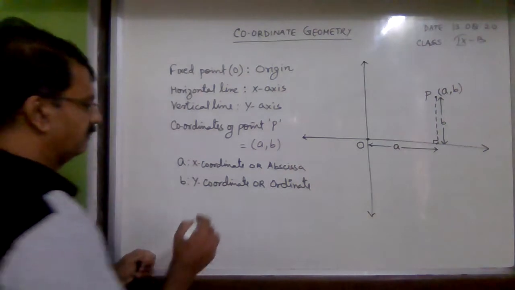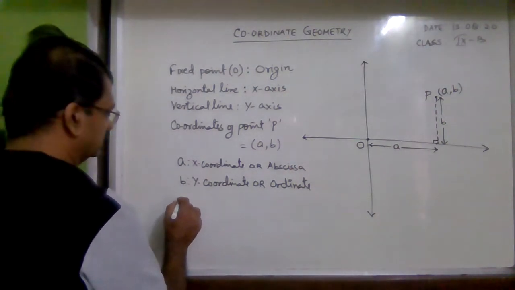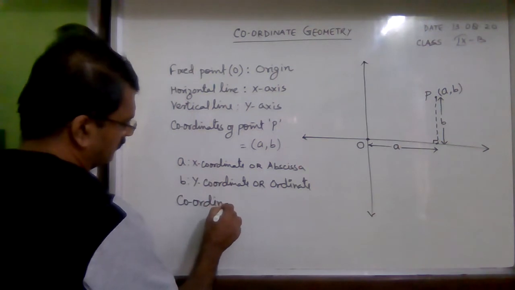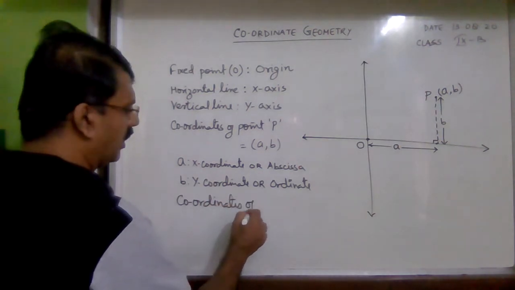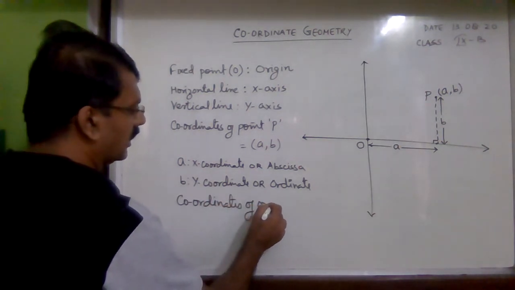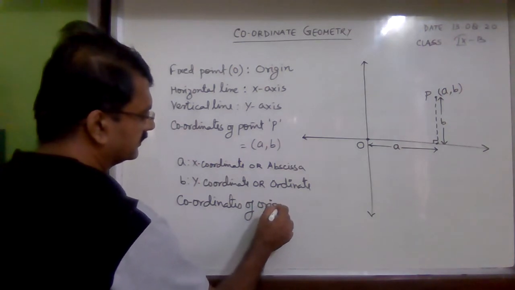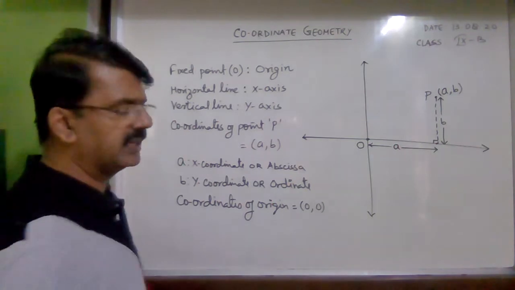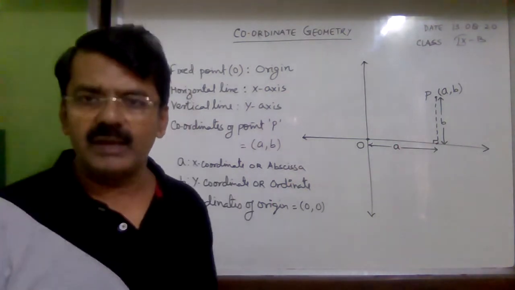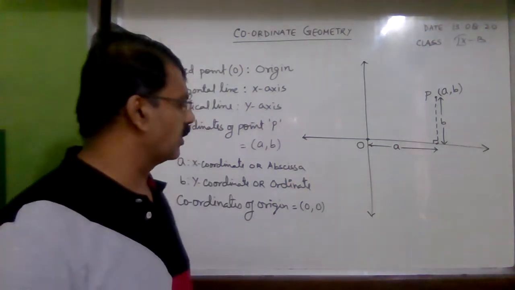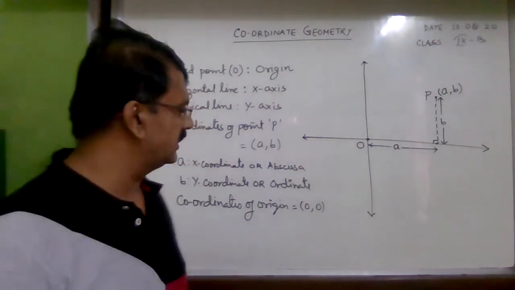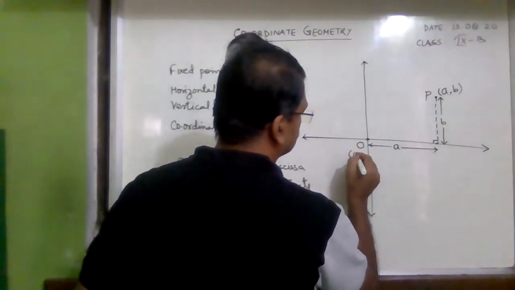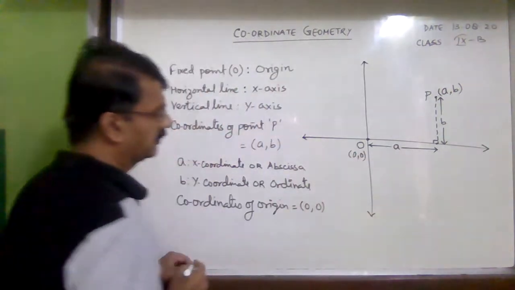That means coordinates of origin will be 0, 0. The coordinates of origin will be 0, 0 always. Okay.